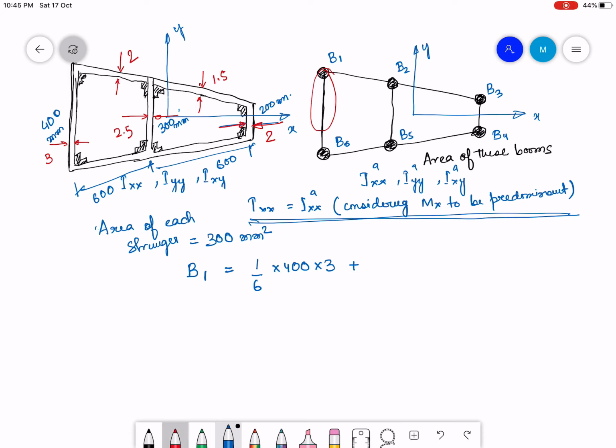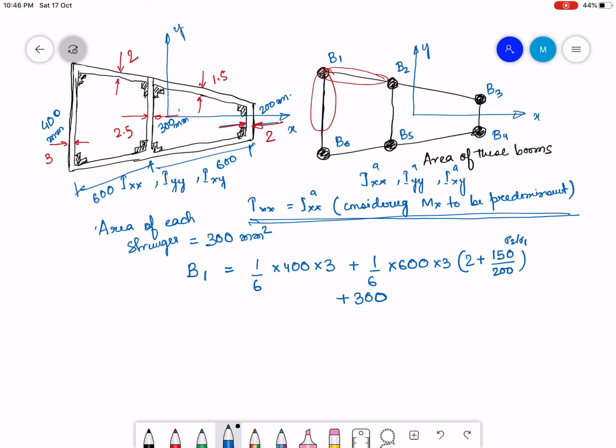And for this portion, it is going to be 1/6 sigma 2 by sigma 1. So sigma 2 by sigma 1 is 150 by 200, plus the area of the stringer, which is 300.